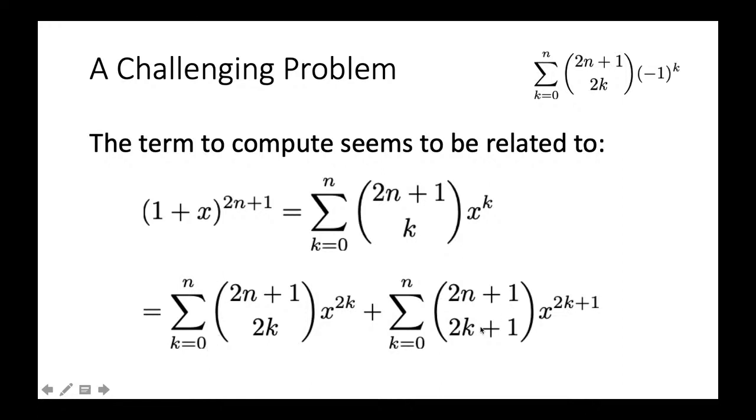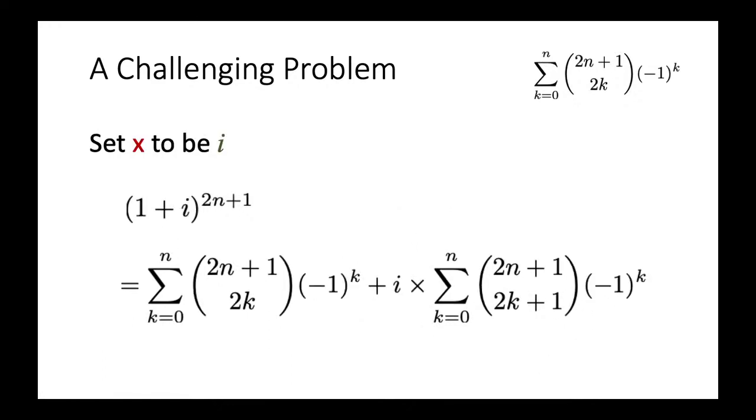Another case is (2n+1 choose 2k+1), multiplied with x^(2k+1). Again, the value of k will range from 0 to n. So we have this term and this term.